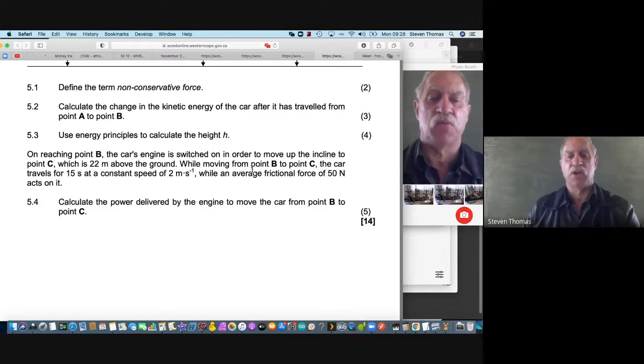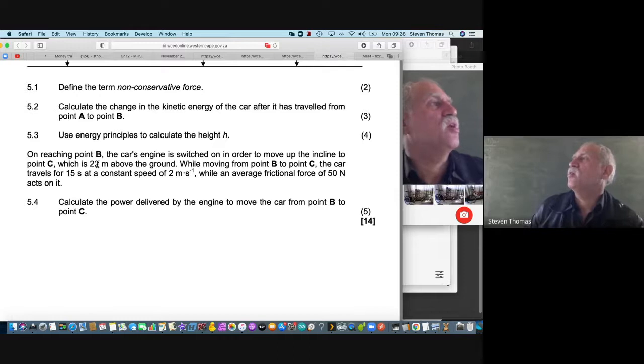So we know that the work done by friction, we know the work done in going from H to 22 is mgh, so we know the work there in raising it, we know the frictional work, and then those two works, work net equals change.